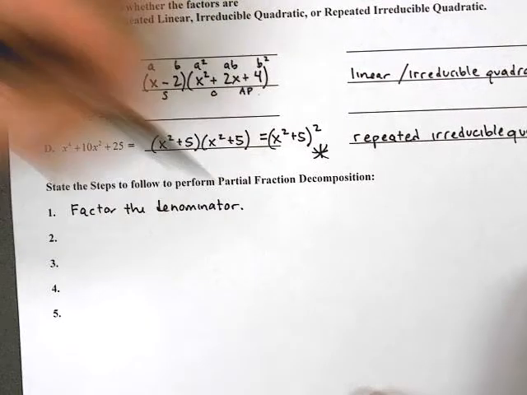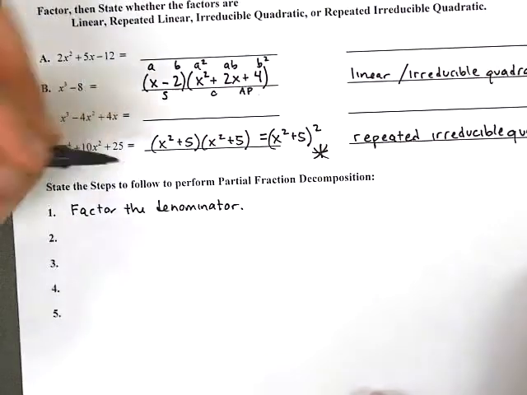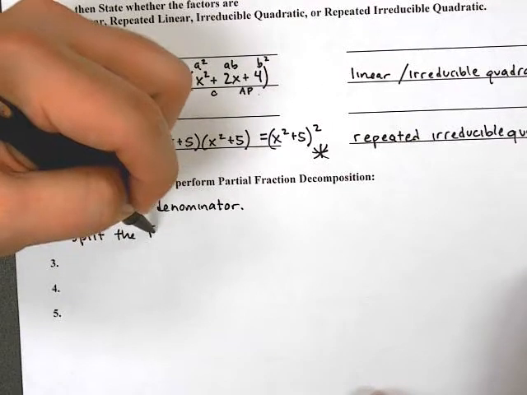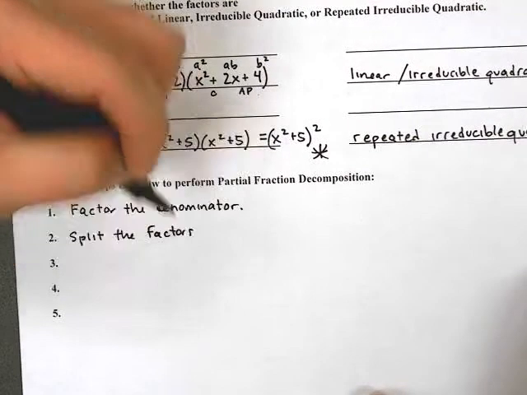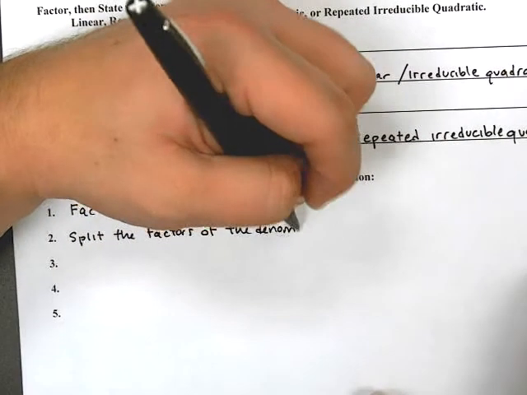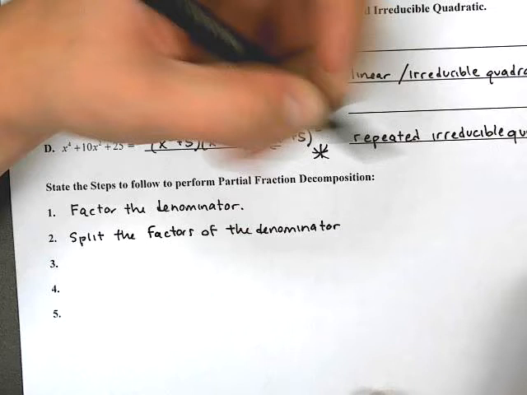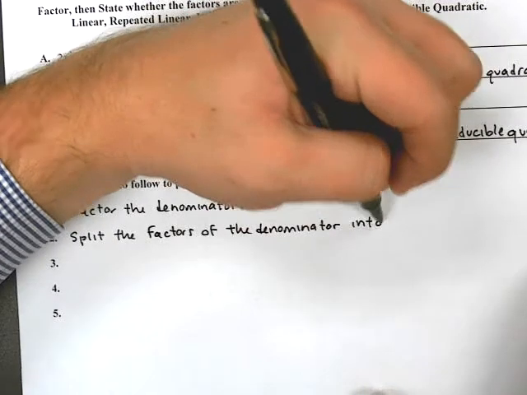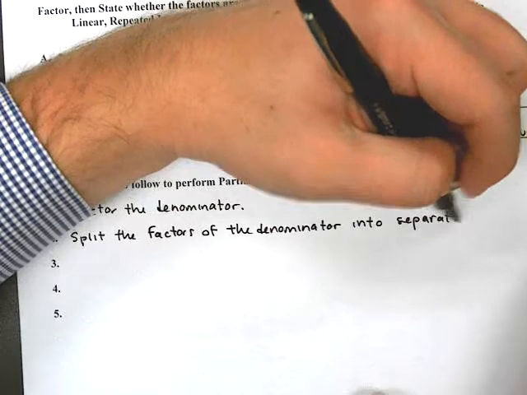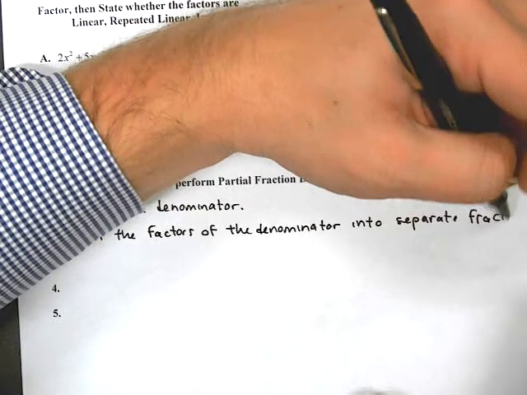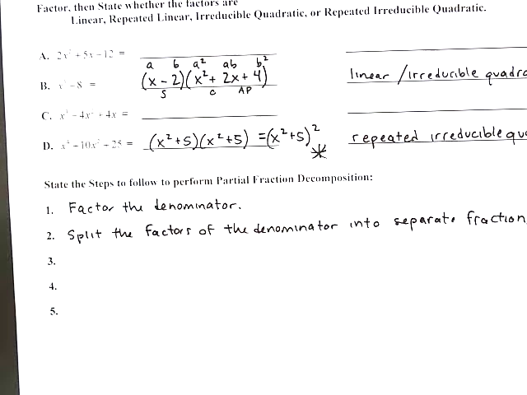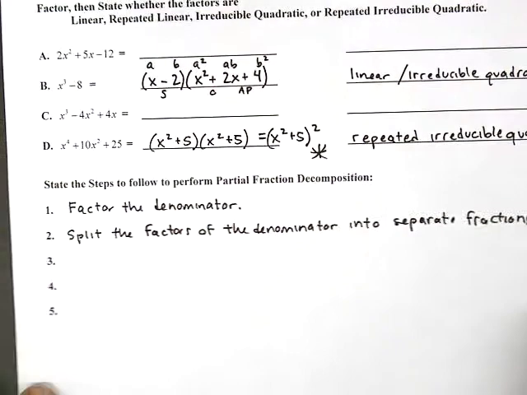Because once we factor the denominator, we know that we're going to split the factors of the denominator into separate fractions. Separate. Oh my gosh, I can't spell.